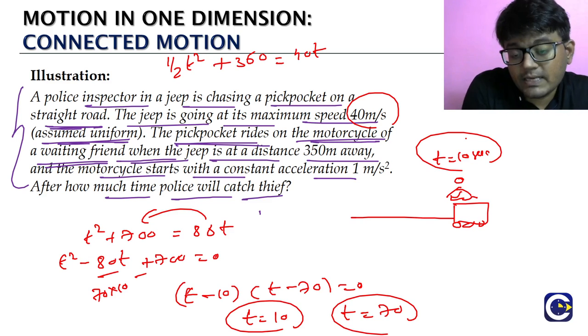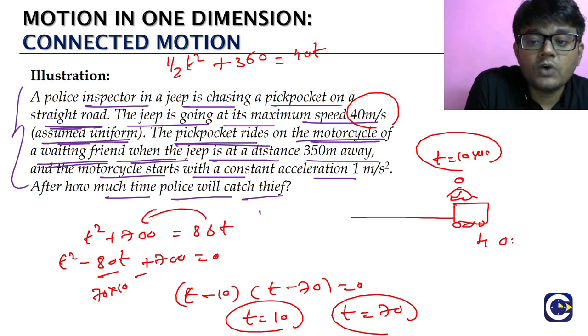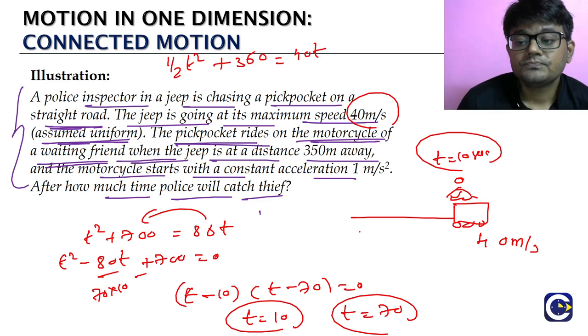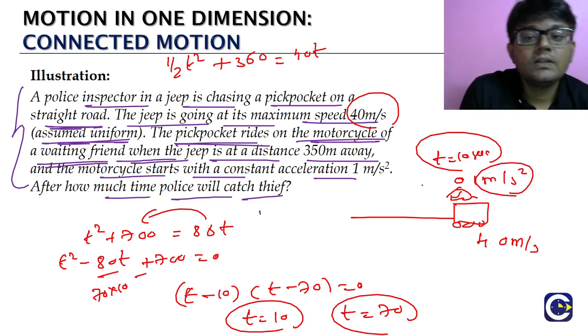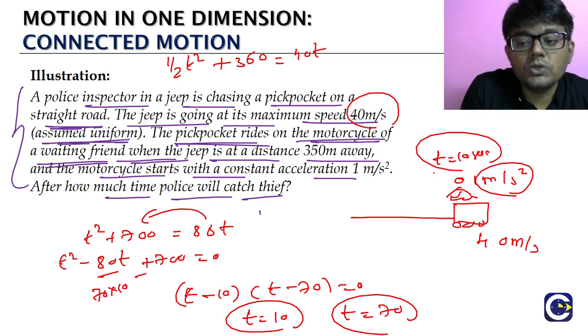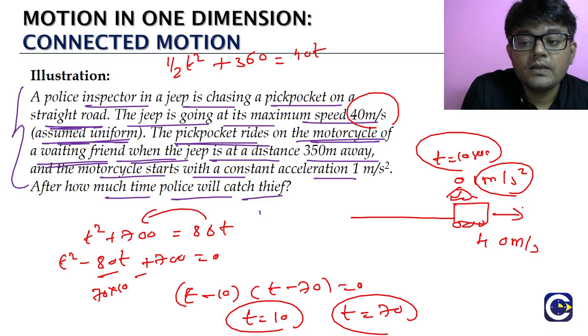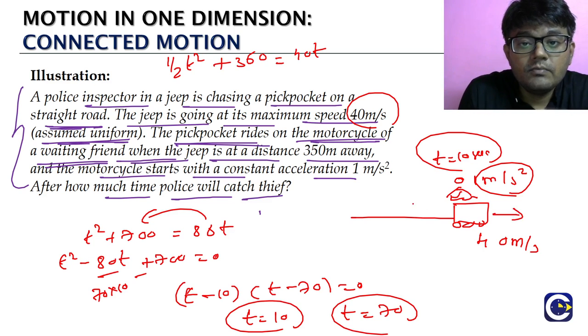But if you think of it mathematically, the police jeep is having a speed of 40 meters per second constant. If we allow the motion to continue, then what you should keep in mind is the thief is having acceleration. So if you allow the motion to continue, what might happen is the police jeep will be able to go forward for some time, but the bike is having acceleration.